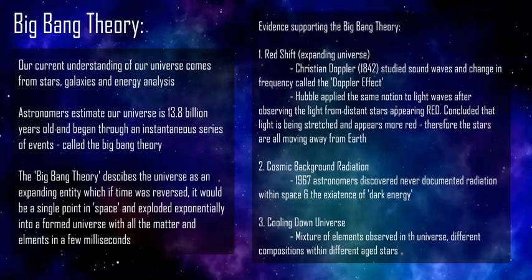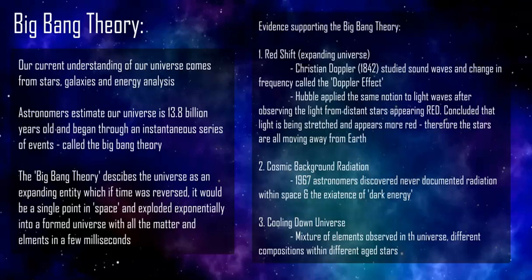So the energy from that star that is being received by the telescope that Hubble's looking through was being stretched and appeared red versus blue. So if all those appeared red in all different directions, he had the conclusion that the universe was expanding, and that was the first piece of evidence to support the Big Bang Theory.